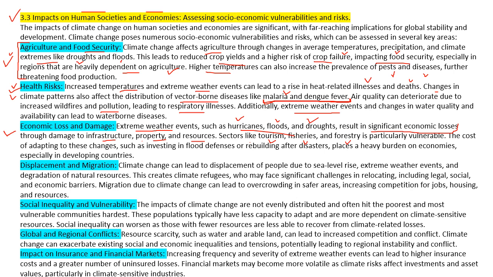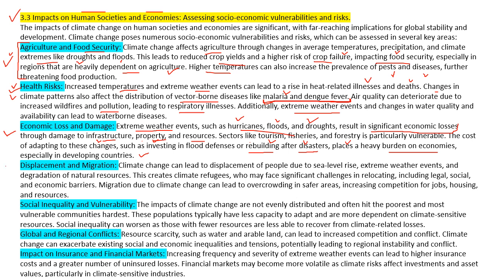So when there is loss or damage in the infrastructure and property, then you have to go for rebuilding after the disaster. So it will be a heavy burden on economies, especially in the developing countries.